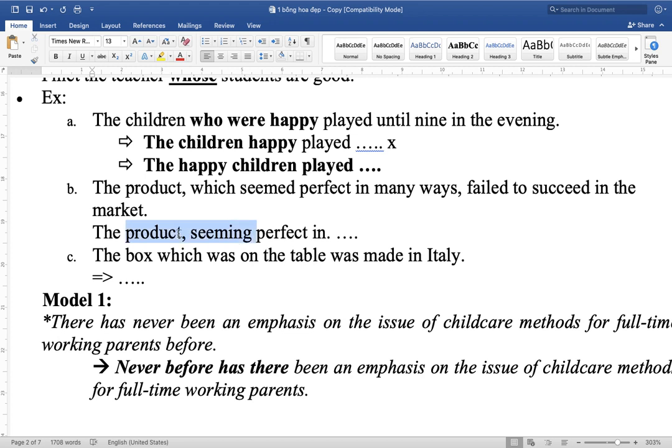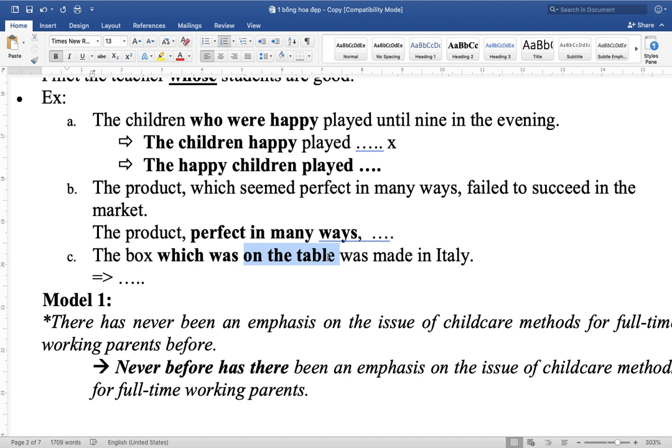So just cross this out, and you use it as an adjectival phrase, perfect in many ways, because you know it's a long one. It's an adjective phrase, so you can't use seeming here because you have in many ways after perfect. Okay, got it?